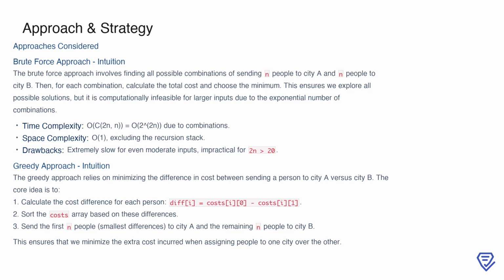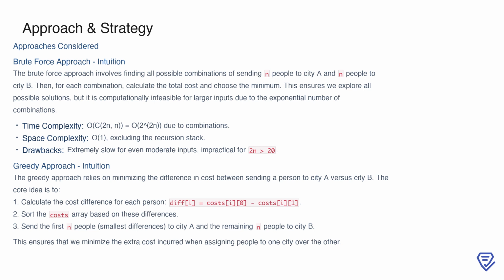However, the major drawback is its computational inefficiency. The number of combinations grows exponentially, making it infeasible for larger inputs. For instance, when 2n is greater than 20, the solution becomes practically unusable due to the sheer number of calculations required. Because of this, the brute force approach, while thorough, is not a viable solution for this problem.